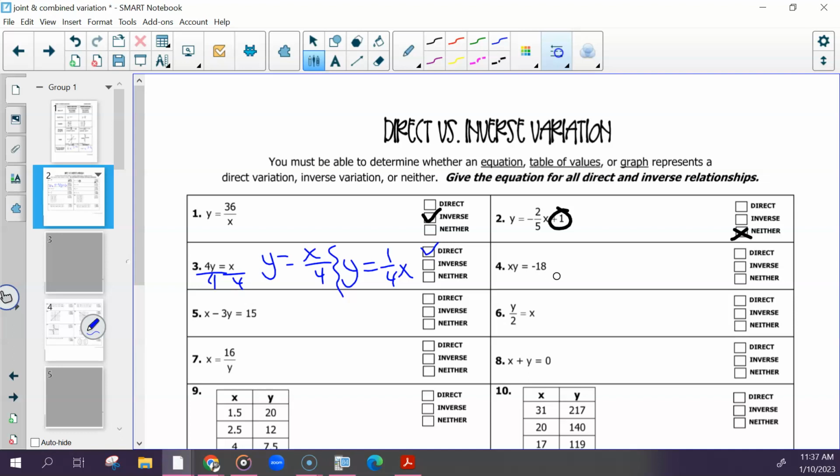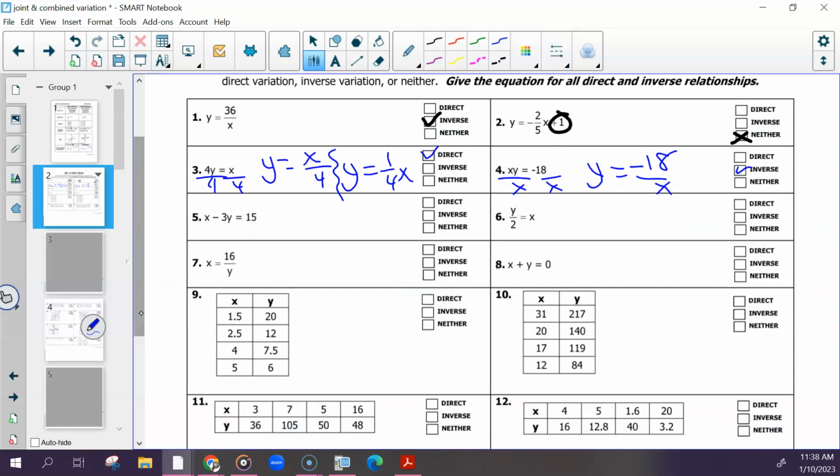If we were trying to find k and we were multiplying these together to get our k value, which one would that be? Inverse. Now, if you did actually solve it, so let's say I divided both sides by x to get y by itself, we would see that our x is also in our denominator. So either way, either originally or after solving it, you should be able to see that that's inverse.